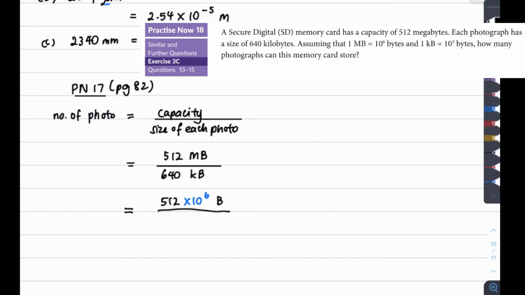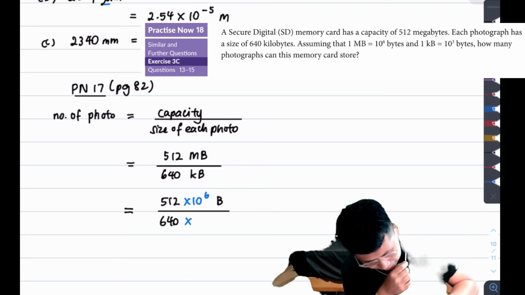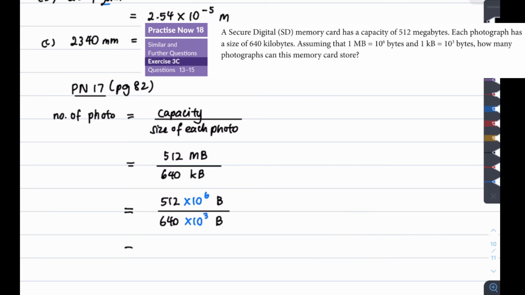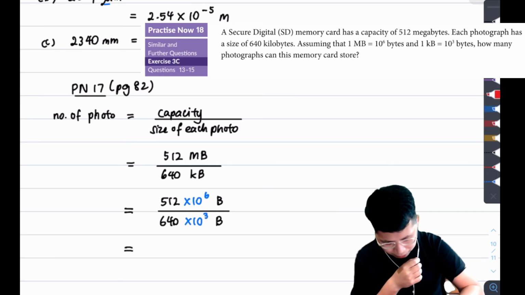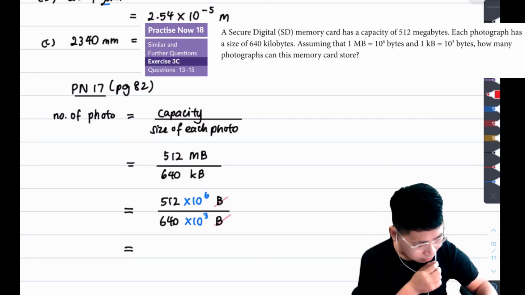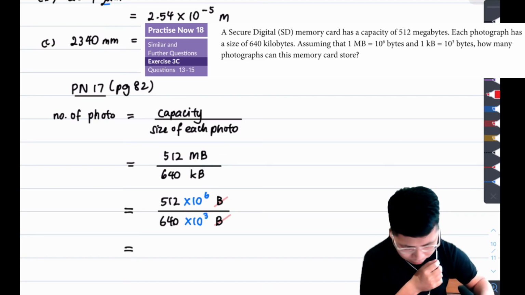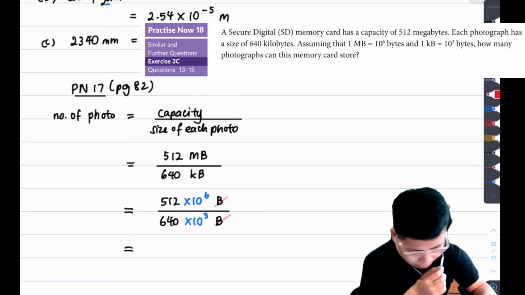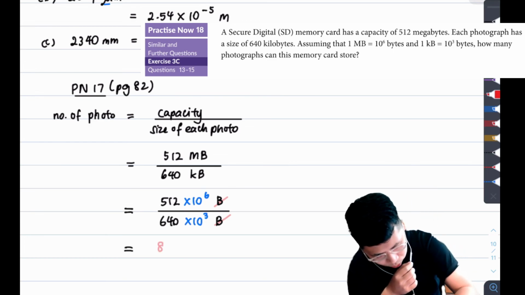Then 640 kilo is times 10 to the power of 3 bytes. The bytes and bytes will cancel. And using our calculator, we have 512 times 10 to the power 6 divided by 640 times 10 to the power 3, we have 800 photos.